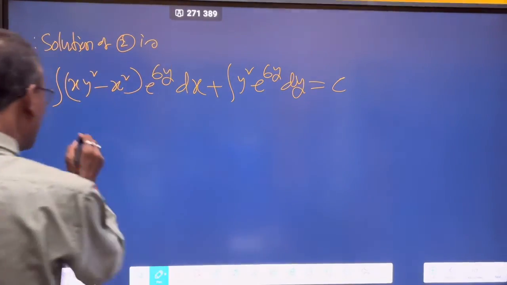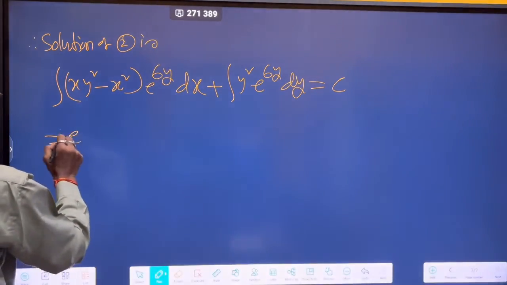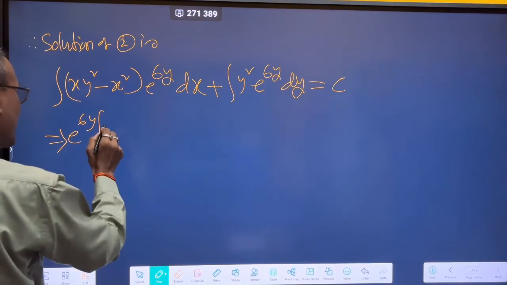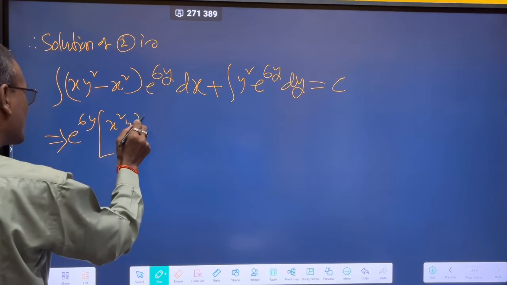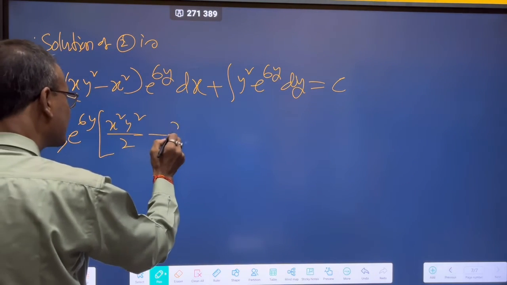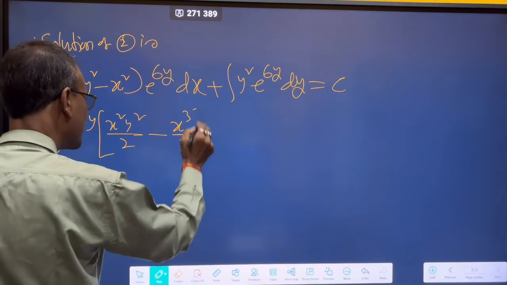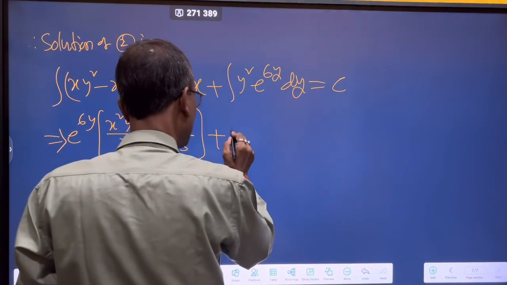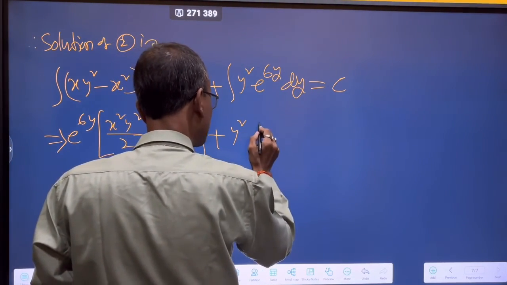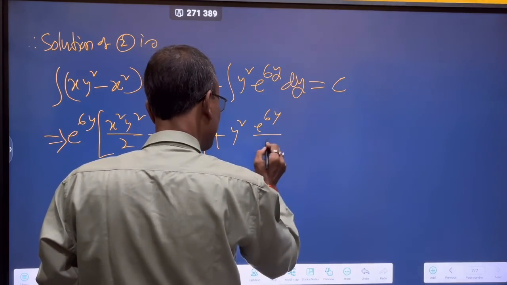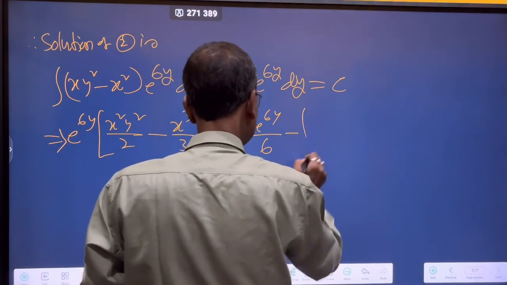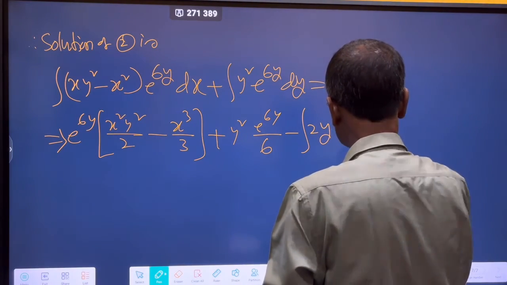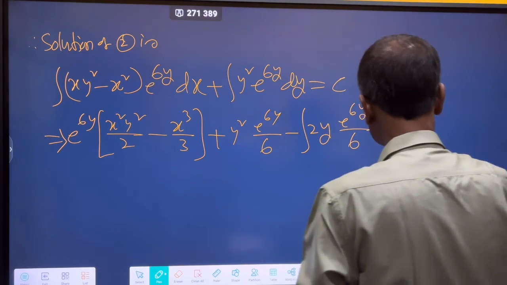Now treating y as constant, you will get e^(6y) as a constant. Here it will be x²y²/2 − x³/3. You will get this plus y² times the integration of e^(6y)/6, minus the integral of 2y e^(6y)/6 dy, equal to constant.